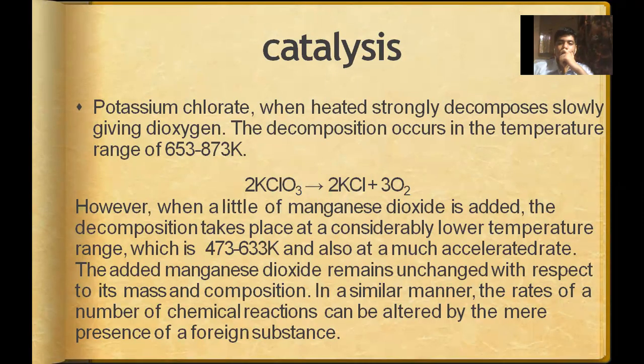In a similar manner, the rates of a number of chemical reactions can be altered by the mere presence of foreign substances, which are not reactants. These are known as foreign substances. So it is a catalyst. It can be a d-block element, platinum.